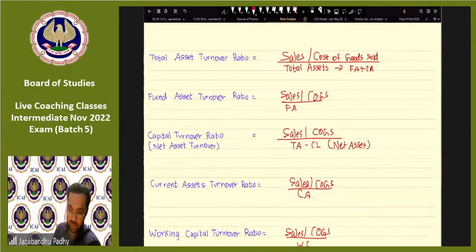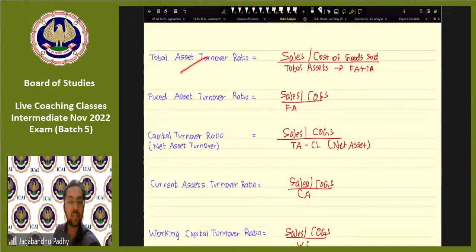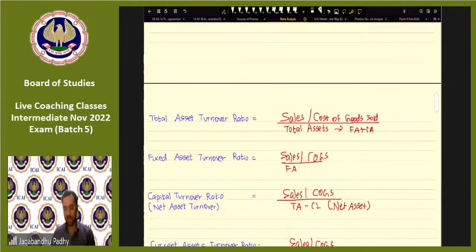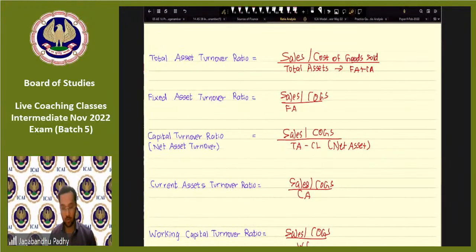So all these turnover ratios indicate how efficiently we are utilizing total assets, fixed assets, net assets, current assets, and working capital. These are all efficiency ratios or activity ratios, showing how actively the assets are being used. And over here, of course, the fixed assets are after depreciation.